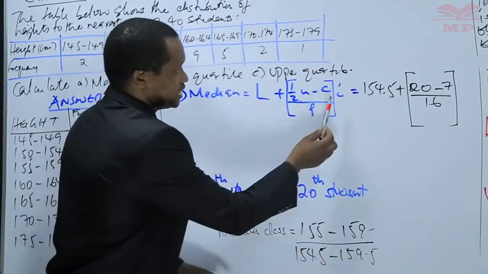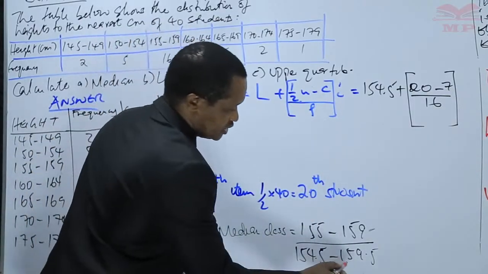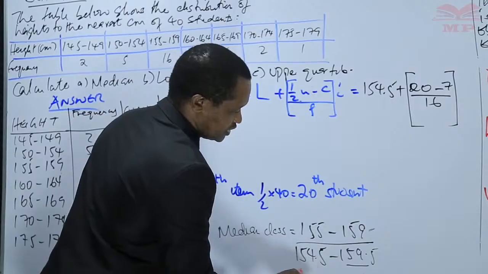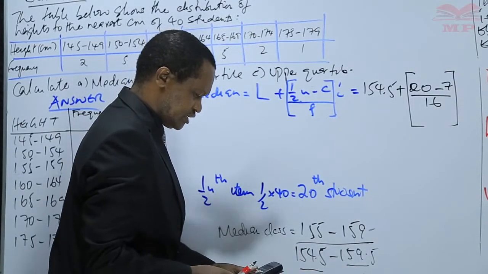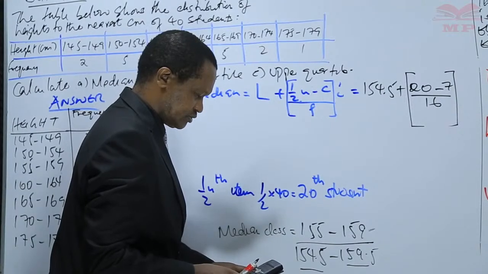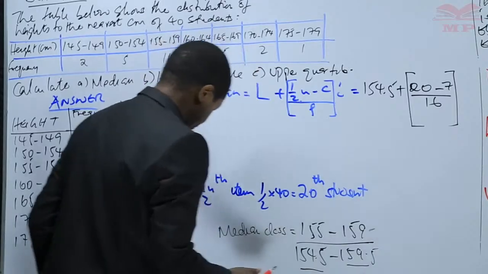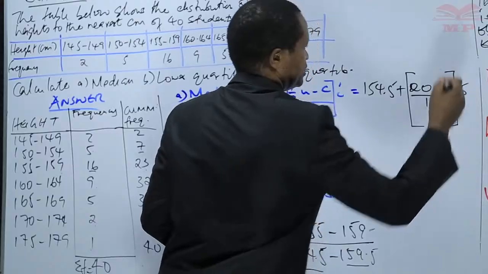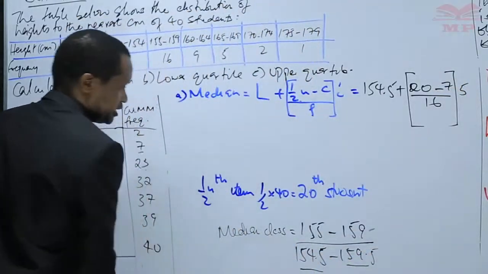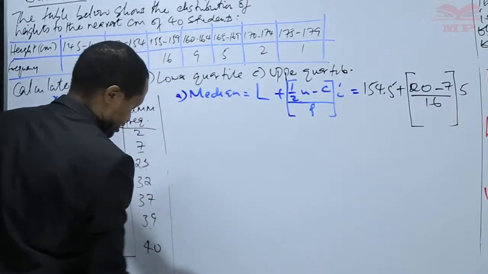So to calculate the class interval, we get the difference between 159.5 and 154.5, which is equal to 5. So 5 is the class interval.